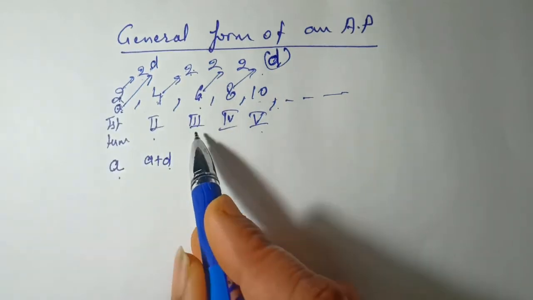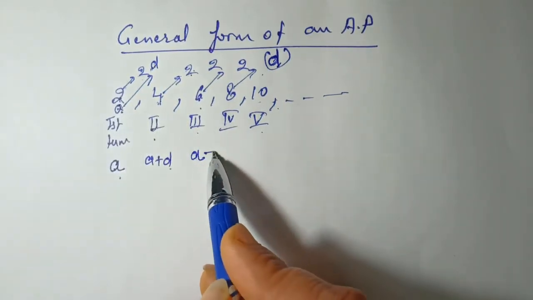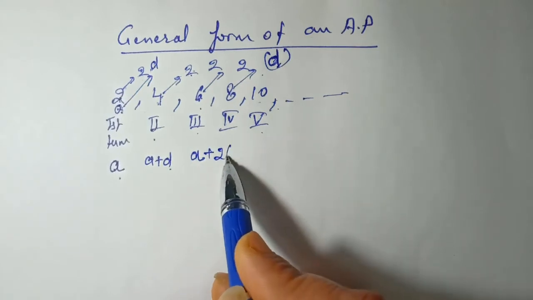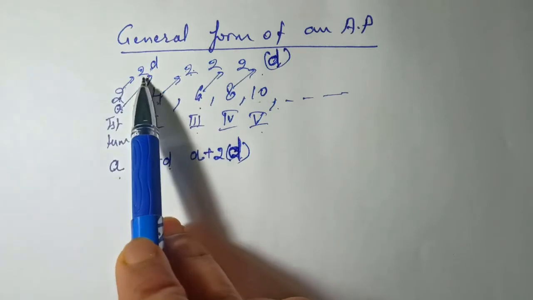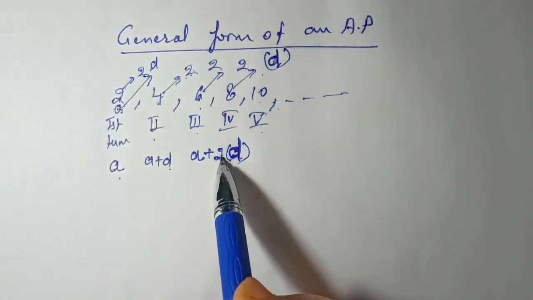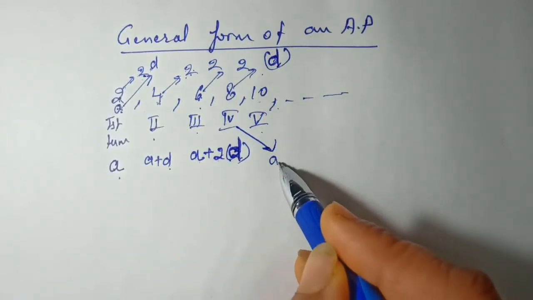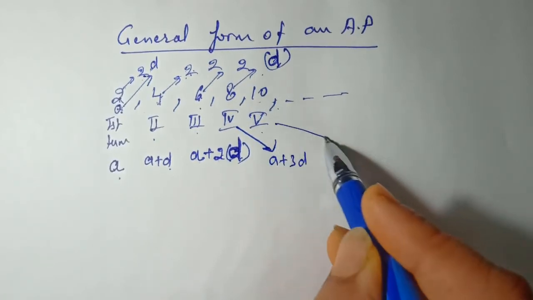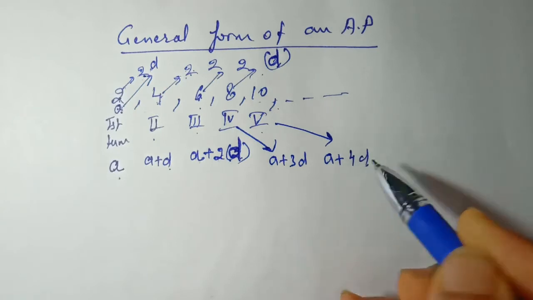So we can write, on the basis of it, first term A plus 2 into D. Here D is how many? 2 times, so we have to multiply it by 2. So A plus 2D. For the fourth term we'll have A plus 3D. For the fifth term we have A plus 4D.